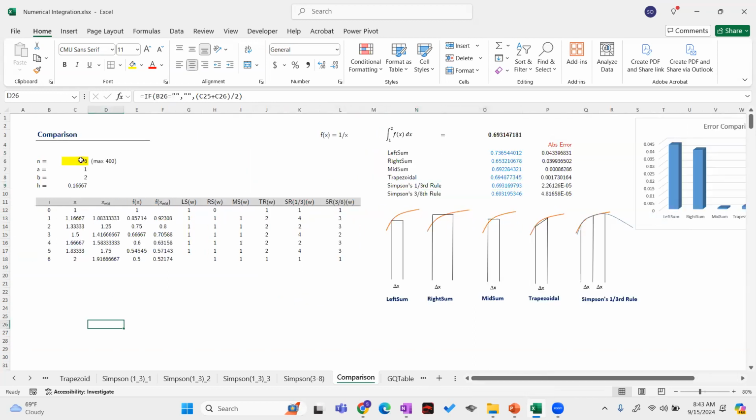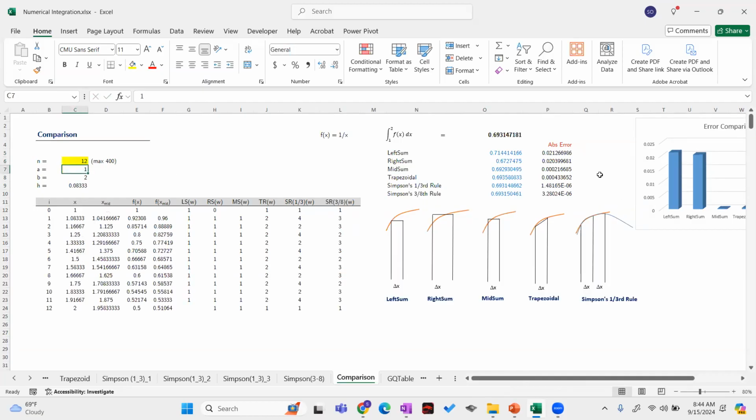I can increase n. By the way, you should not use values of n other than what is mandated by the scheme. So I can probably use, let's say, 12. And you can see how the errors are still going down, and the convergence.